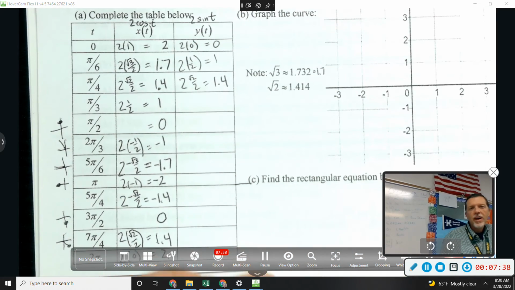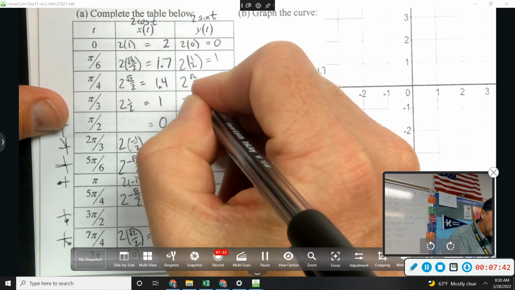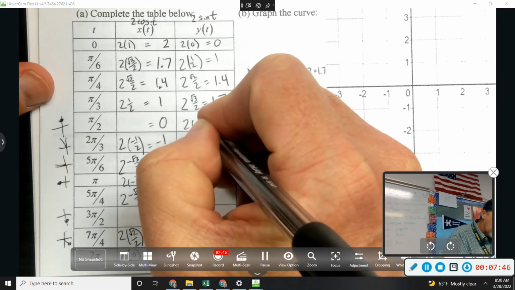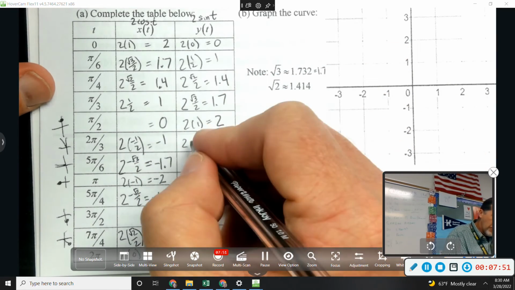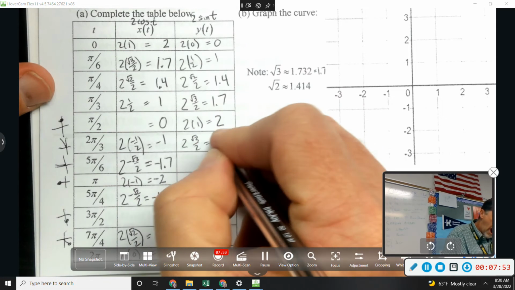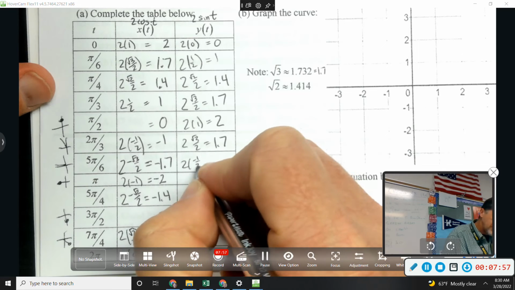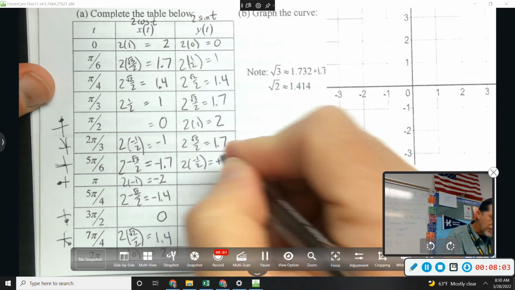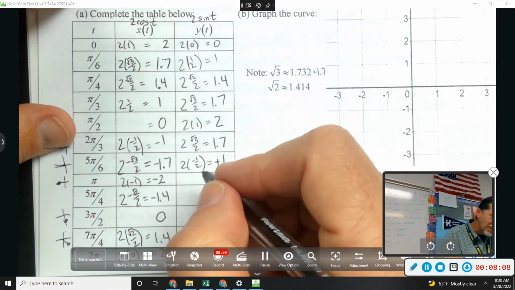This is going a little faster because all these values are the same values, just in different places. Pi over 3. Wait, is that right? 5 pi over 6 would be positive 1. Let me slow down a little bit here.